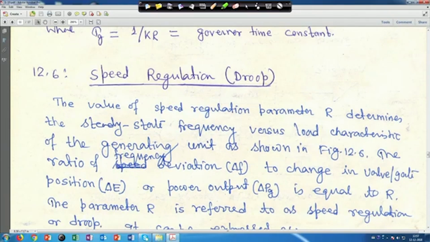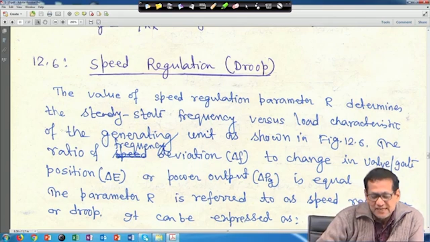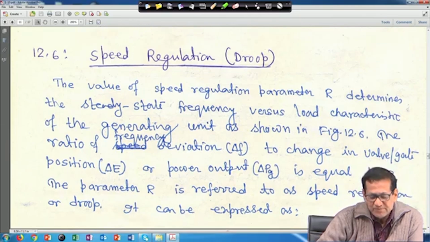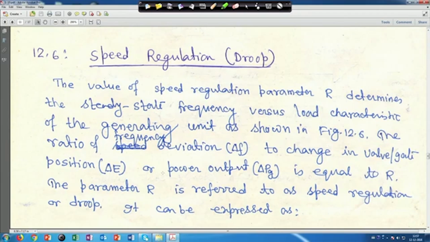The value of the speed regulation parameter R determines the steady state frequency versus load characteristic of the generating unit, as shown in figure 6. The ratio of frequency deviation, delta f, to change in valve or gate position delta E, or power output delta P G, is equal to R. The parameter R is referred to as the speed regulation or droop parameter.